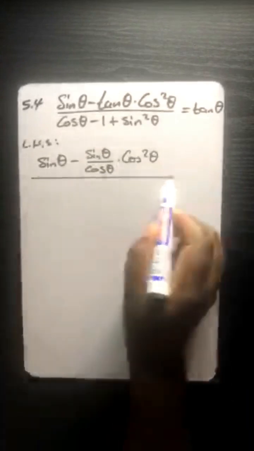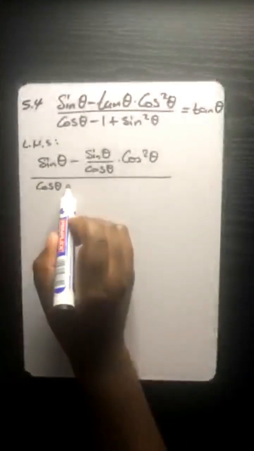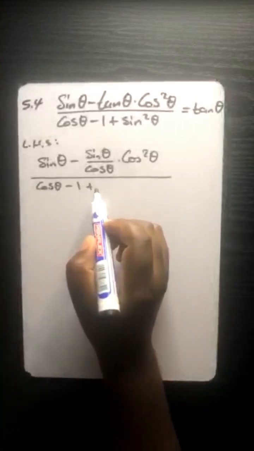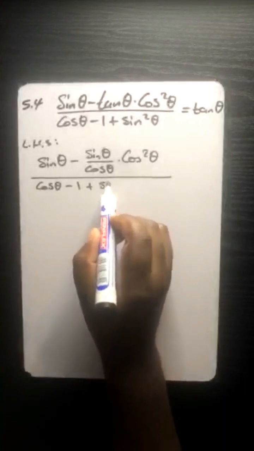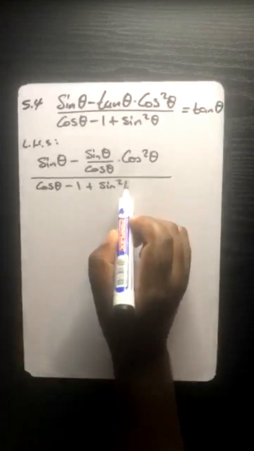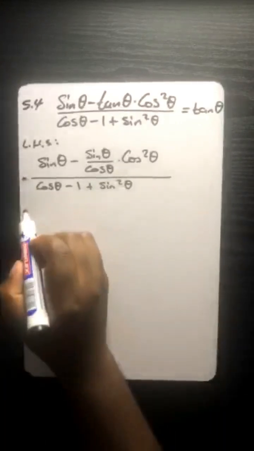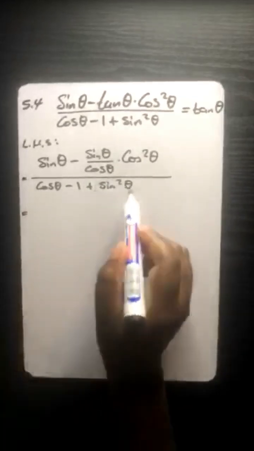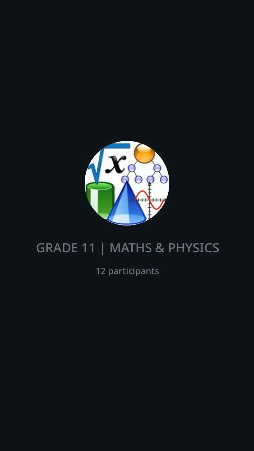Remember, the whole of that is divided by cos of an angle, you have your minus 1 there, plus sine squared of an angle for now. Why? Because we don't have a reason to change it at this point in time. So for now we can just write it as it is.